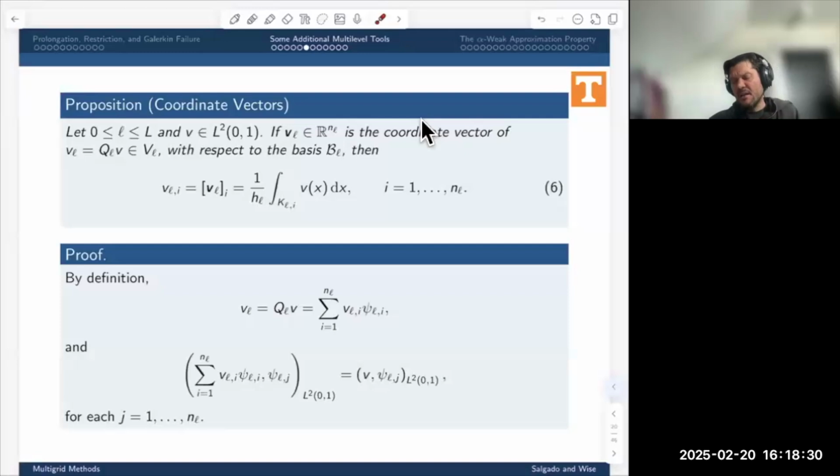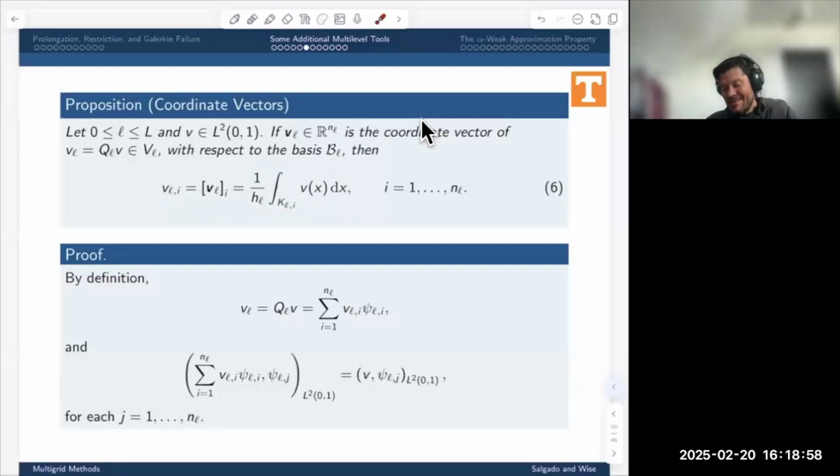I didn't say it like this and probably should have, but this is saying that the object that we just gave is well defined. Technically speaking, you should probably say this thing is a well-defined object and its coordinates satisfy a certain formula. But I'm going to kill two birds with one stone and say its coordinate vector with respect to this basis BL is precisely given by this formula.